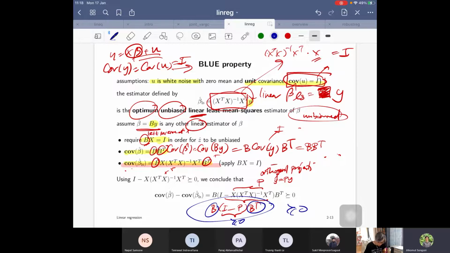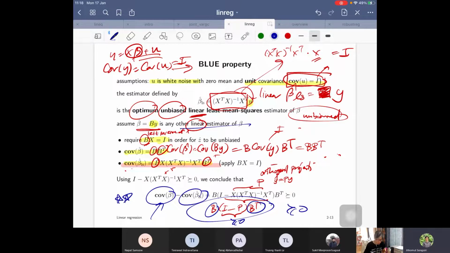The meaning of this interpretation is that if you compare the least square estimate with any other linear estimator that is also unbiased, the covariance of the other estimator is always bigger than the covariance of the least square estimate.